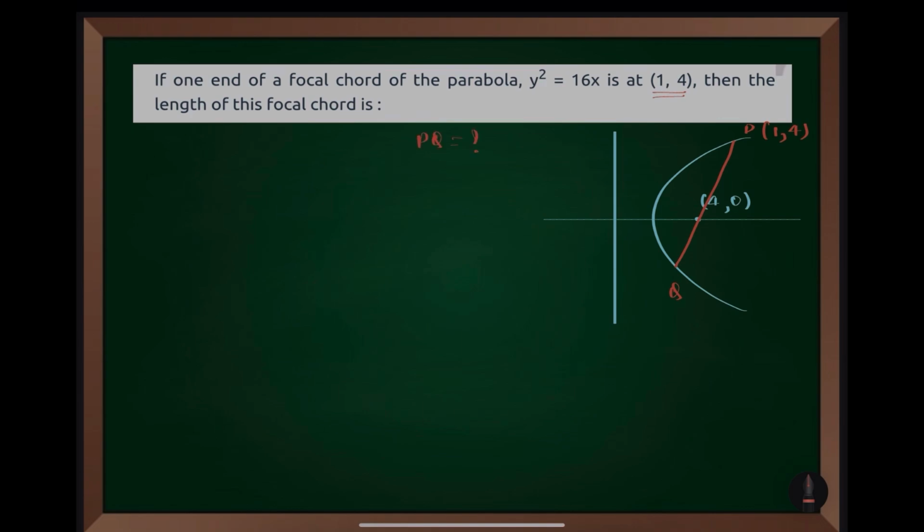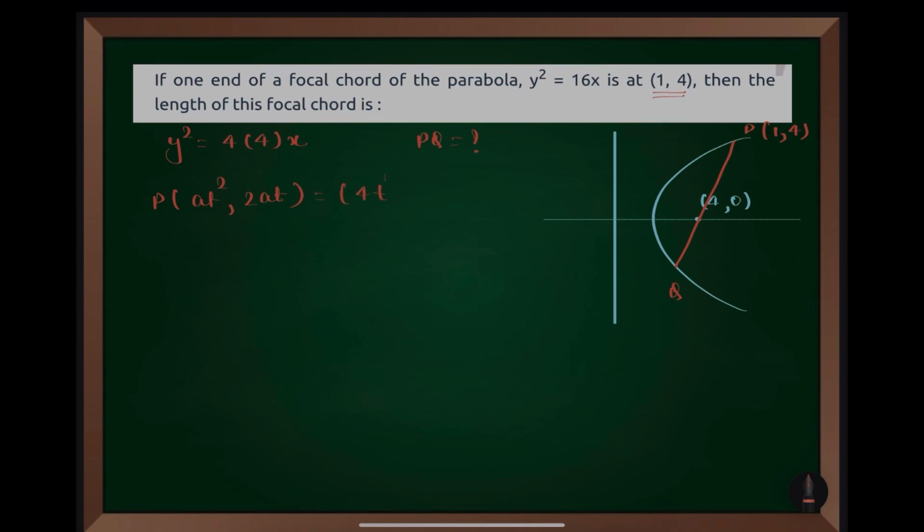Now you know that it is a right side opening parabola, so y square equals 4ax. Now try to recall how you have imagined a point on the parabola. So P was what? a t square, 2at, correct? And here a is what? 4.